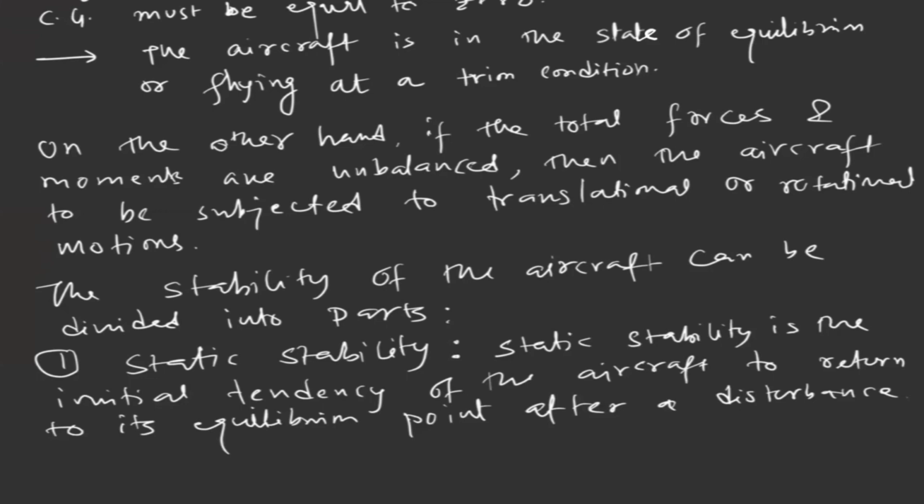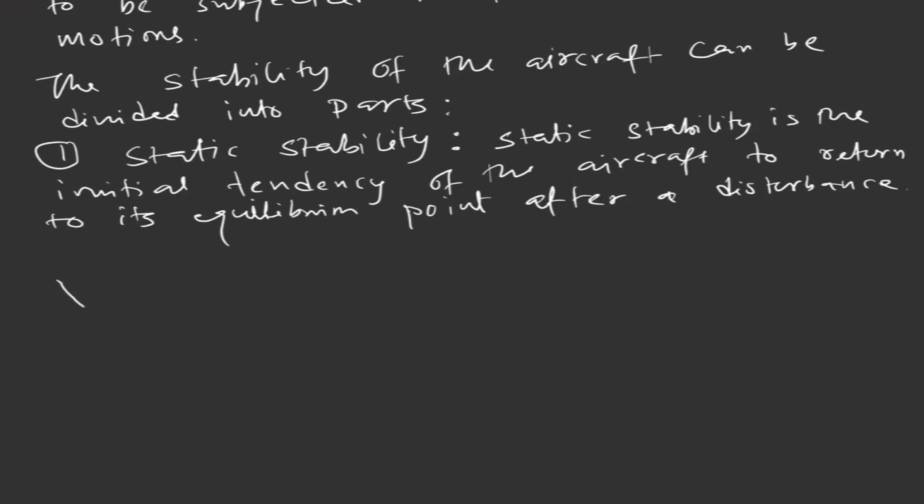Let's look at some representation of how static stability can be defined. Let's assume we have a curved surface here, and this is the initial position of the ball on this curved surface.